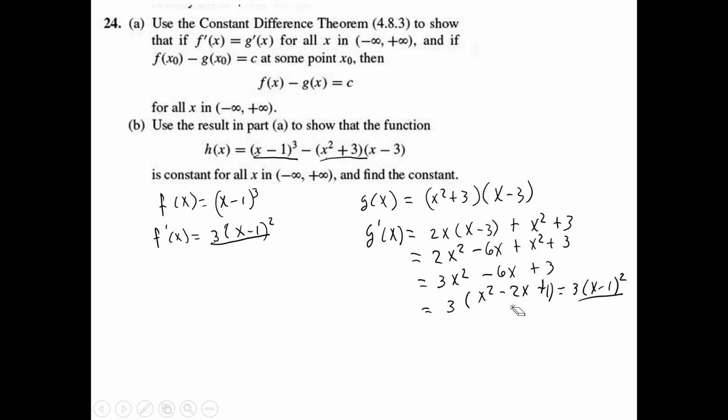Therefore, x minus 1 cubed minus x squared plus 3 times x minus 3 is equal to a constant.